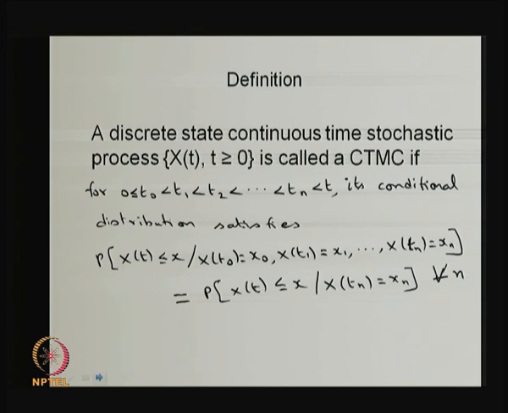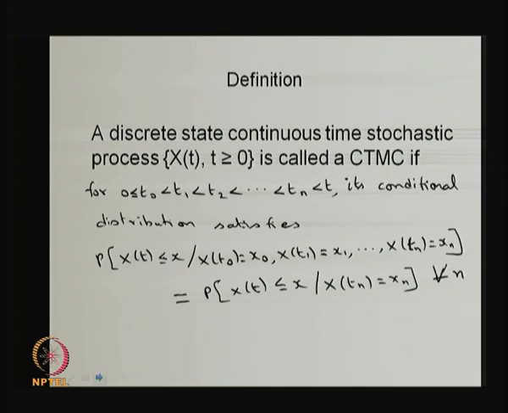So, a discrete state continuous time stochastic process X(t) for t greater than or equal to 0, it need not be t greater than or equal to 0 also, but here I am taking the simplest one. So, X(t) for fixed t is a random variable, and that collection for every t is a stochastic process, where the state space is discrete and the parameter space is continuous, and that stochastic process is called a continuous time Markov chain if it satisfies the following condition.